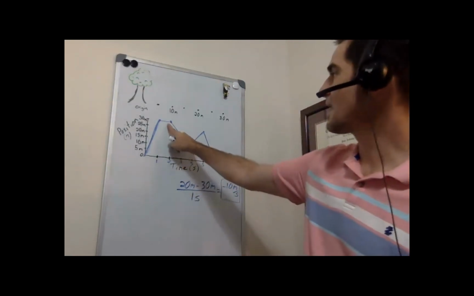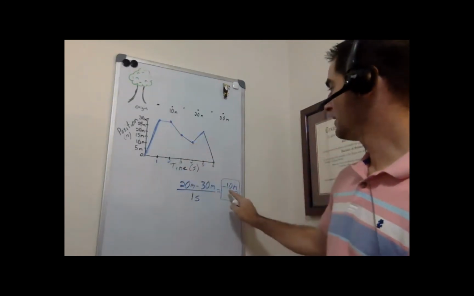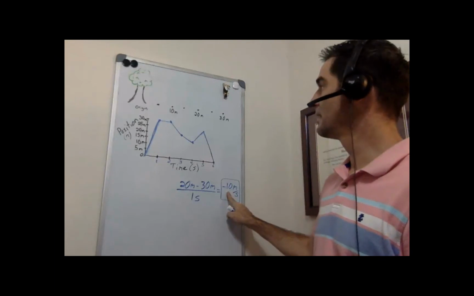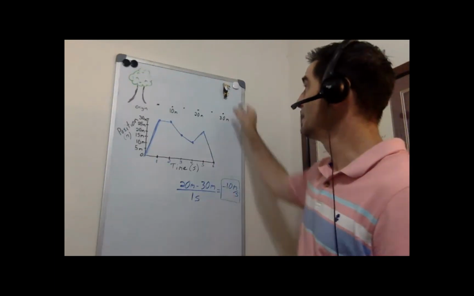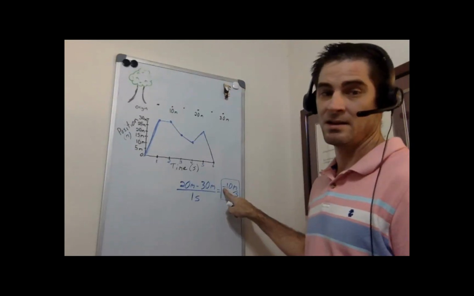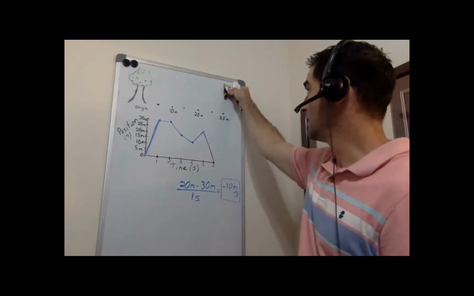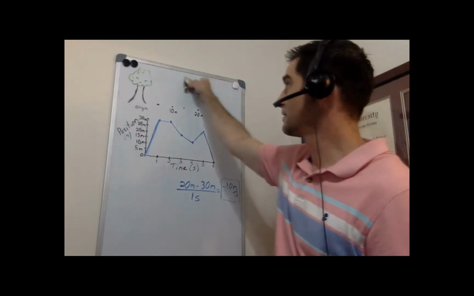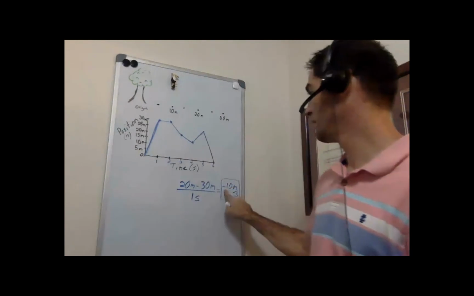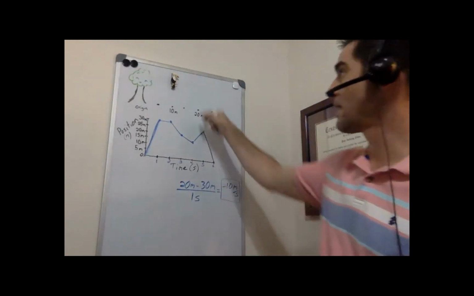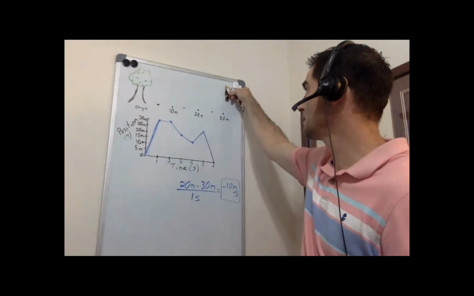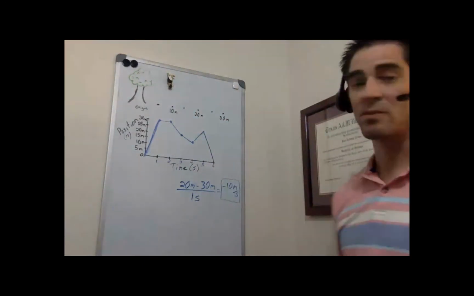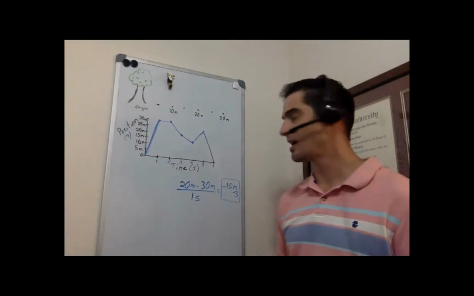So from time 2 to 3, the toucan was flying negative 10 meters per second. Because remember, in velocity, the sign matters. If you're flying backwards, you're going negative velocity. If you're flying forwards, you're going positive velocity. Remember, speed doesn't have a sign, but velocity does.